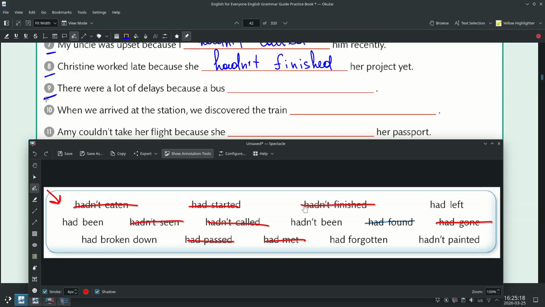Number 9. There were a lot of delays because a bus had broken down. Number 10. When we arrived at the station, we discovered the train had left.